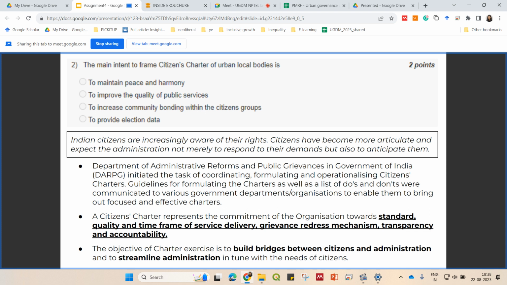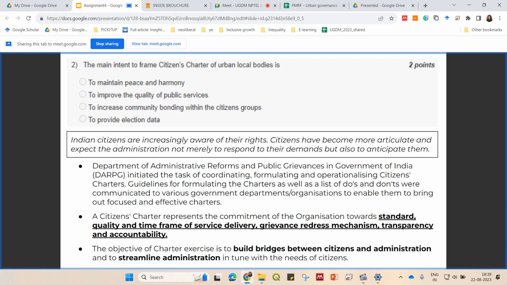And in the case that the quality standards or the time frame are not up to the mark or are not being met by the organization, they can have a grievance redressal mechanism using which they can provide certain feedback, or they can file their grievances with the organization.